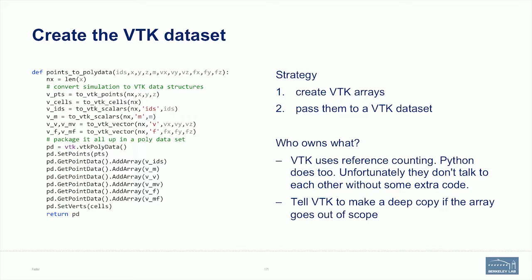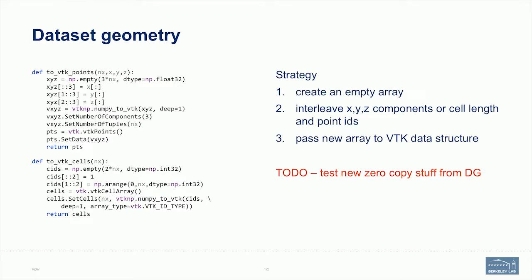So in this example, these functions all create a deep copy. But that's because this was written before the AOS SOA thing was completed. So it could be updated to be 0 copy. And I put that as a note here that I need to get to test out the new 0 copy stuff.